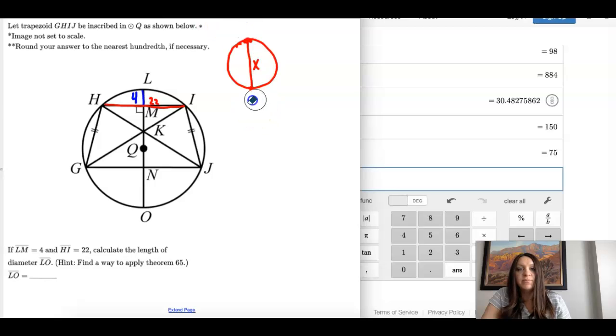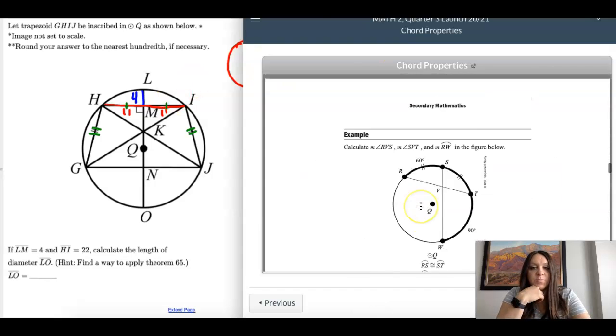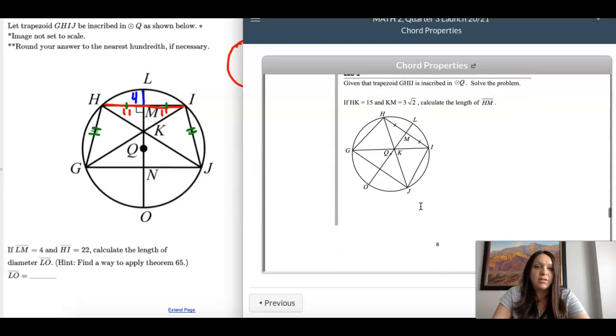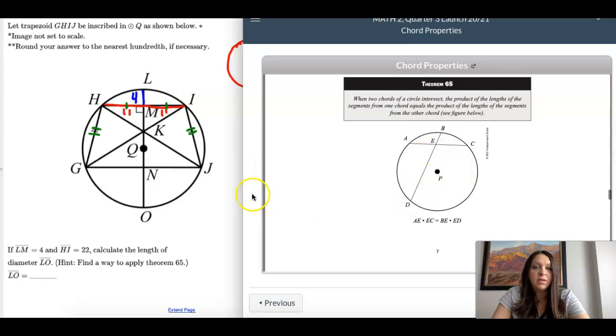The top part. Okay? So again, we really are using the property of this being an isosceles triangle that we're going to split this 22 in half because each side is equal. So instead of 22, I'm going to label these 11 and 11. And then we're going to use that Theorem 65, which I went past, where we multiply the chords.